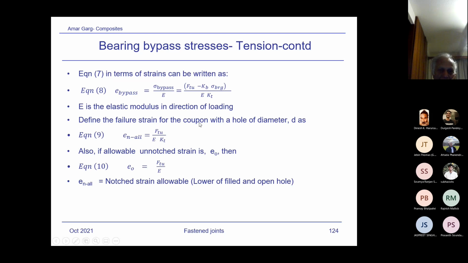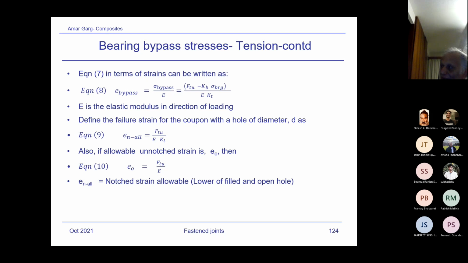We define the failure strength for the coupon with the hole of diameter D as En allowable, the allowable notched strain, which could be for either a filled hole or an open hole. It should be the lower of filled and open hole, because sometimes the filled hole with the fastener gives a lower value.